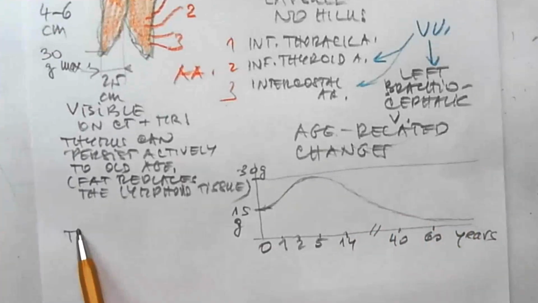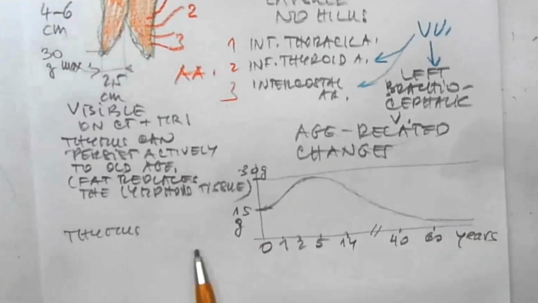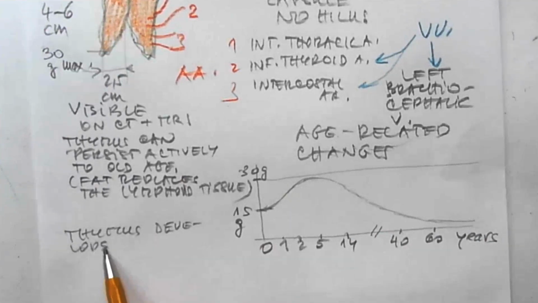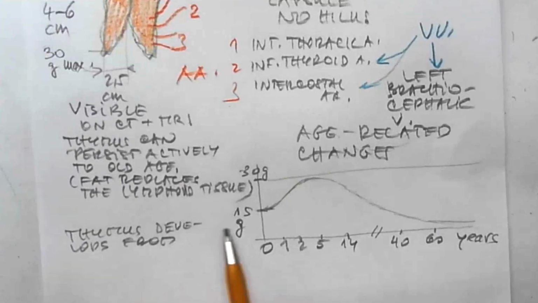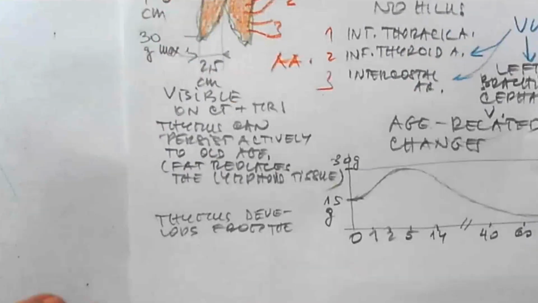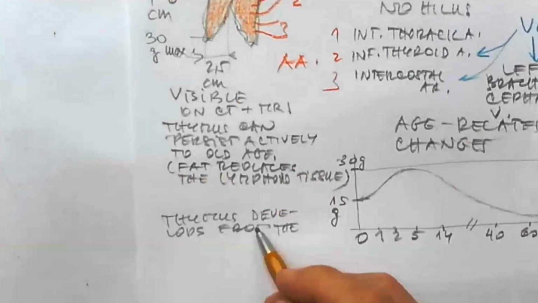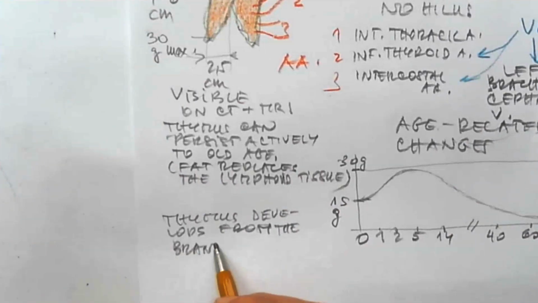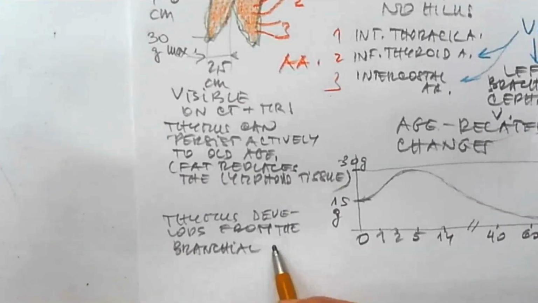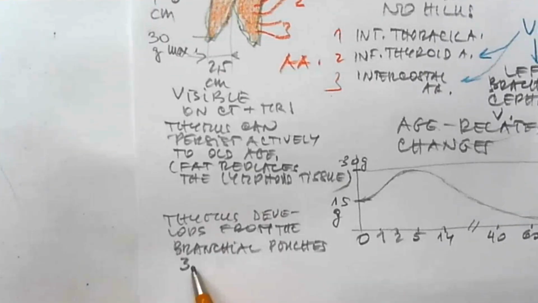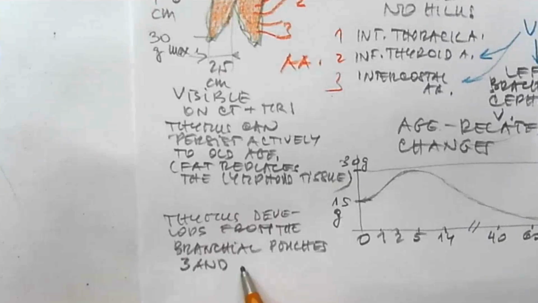We remember the thymus develops from the branchial pouches, pouches number 3 and 4.